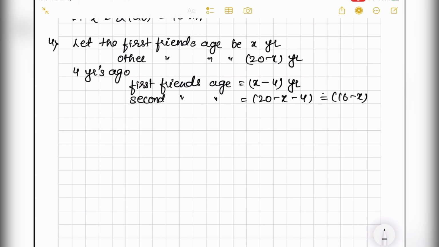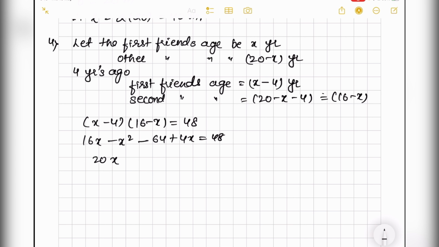Now he is saying product of these two is 48. So can I say x minus 4 into 16 minus x equal to 48? So if I open the bracket, 16x minus x square minus 64 plus 4x equal to 48. So it will be 20x minus x square minus 64 equal to 48.